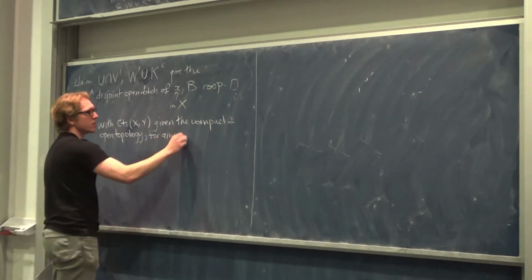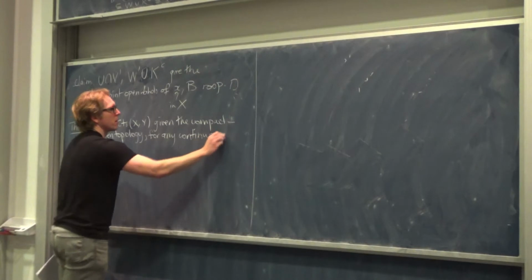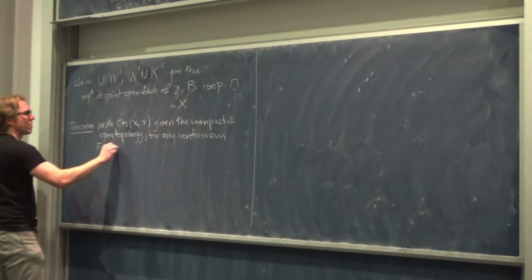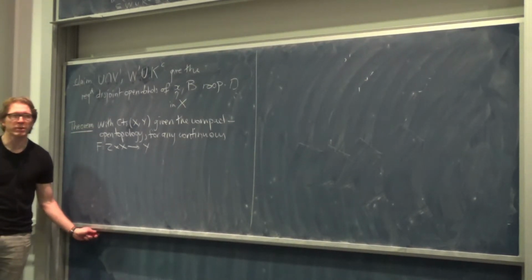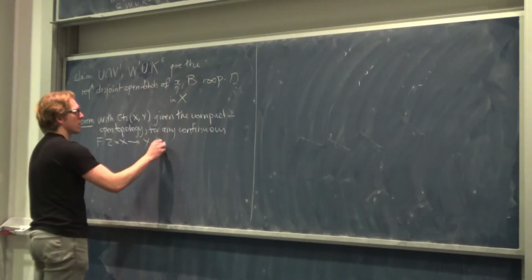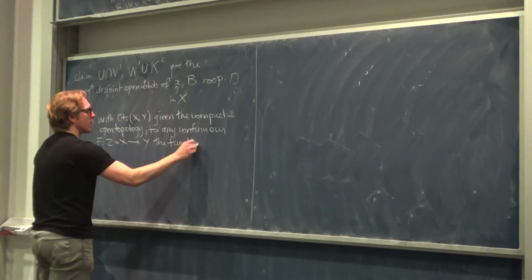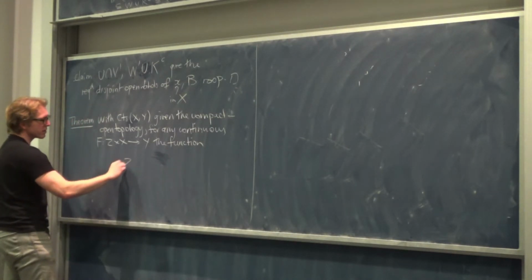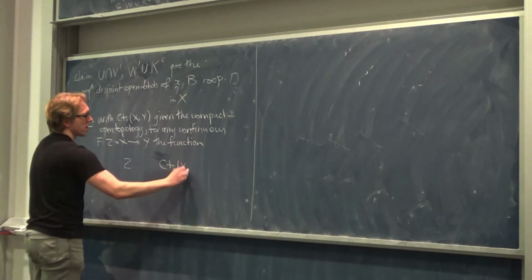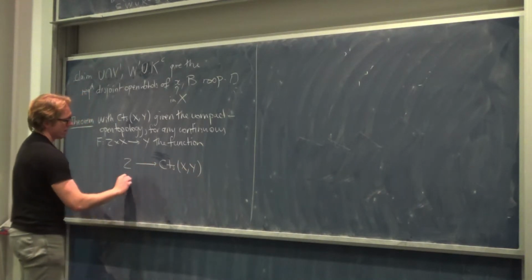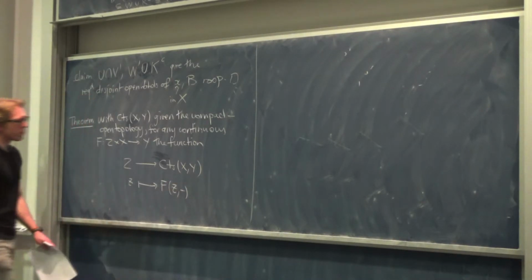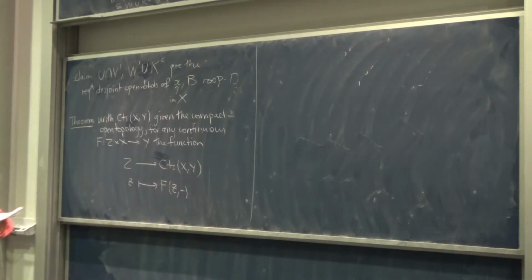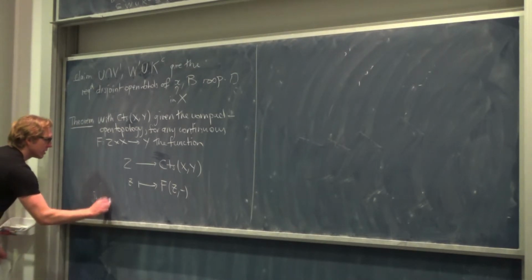So given any continuous map F from a Cartesian product of two spaces to a third space, no hypotheses, any three spaces. First claim is that the following function is continuous.